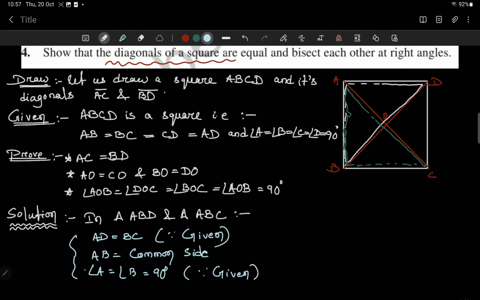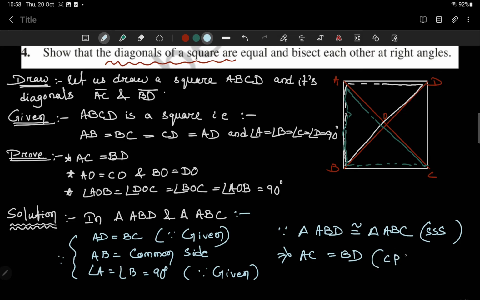These are given, hence I can write that triangle ABD is congruent to triangle ABC due to SSS congruency. Hence can I write AC equals BD? Yes, of course I can write, due to CPCT.